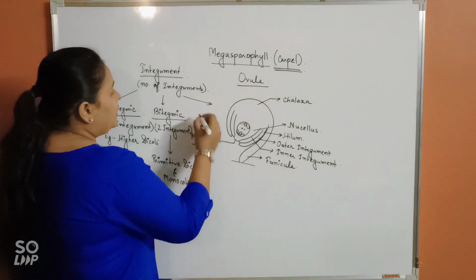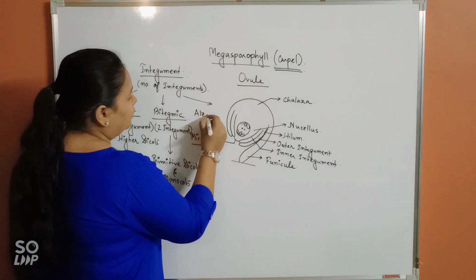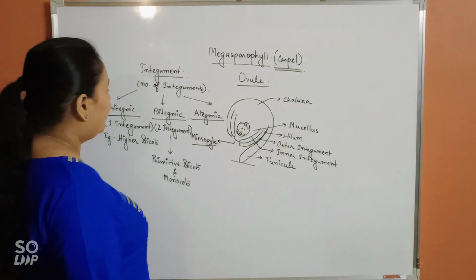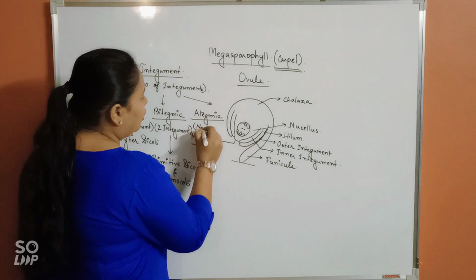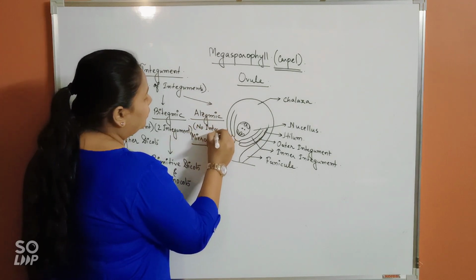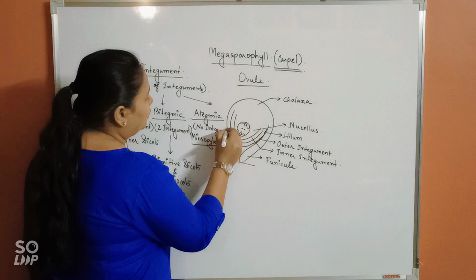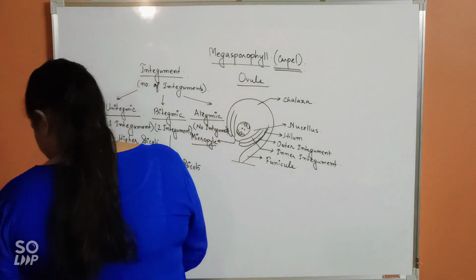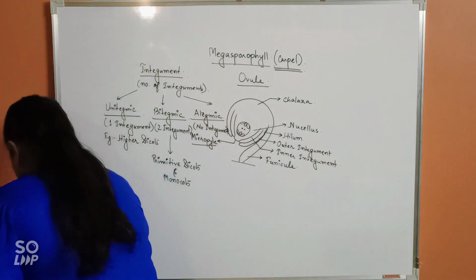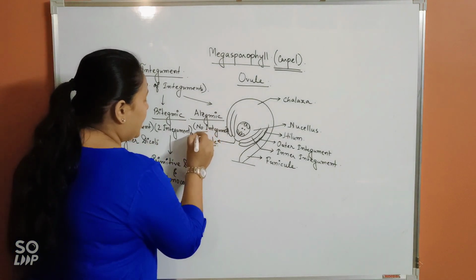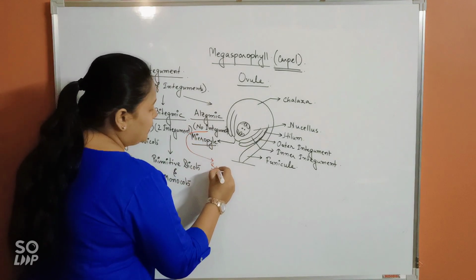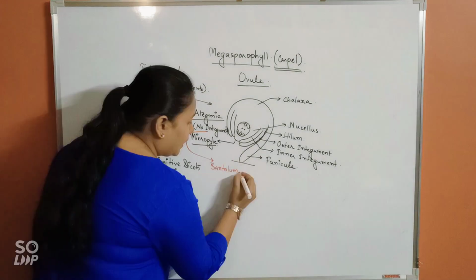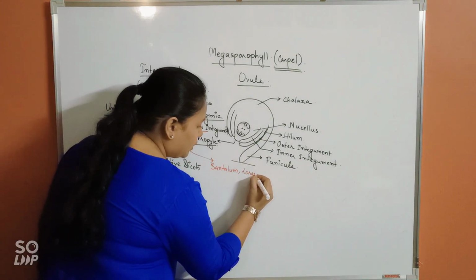Alright, likewise ategmic. That would mean no integument. For this, the examples I am writing here are Santalum and Loranthus.